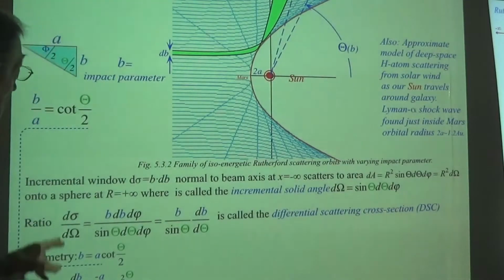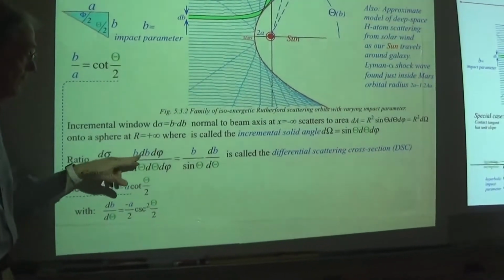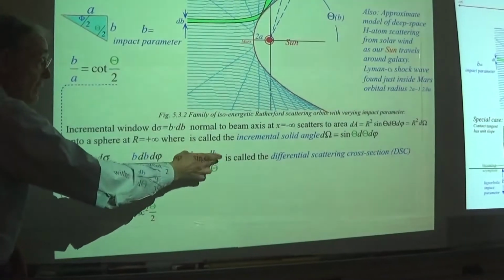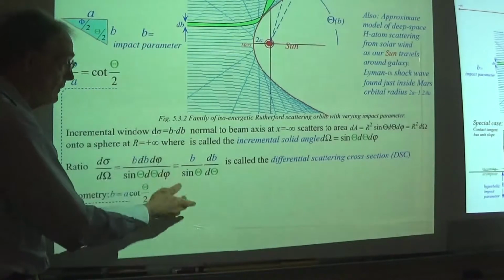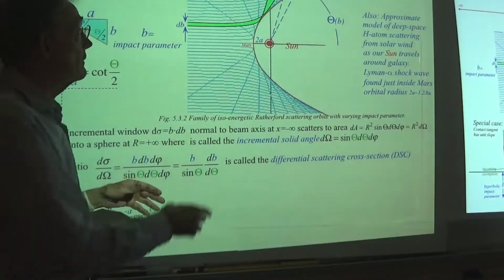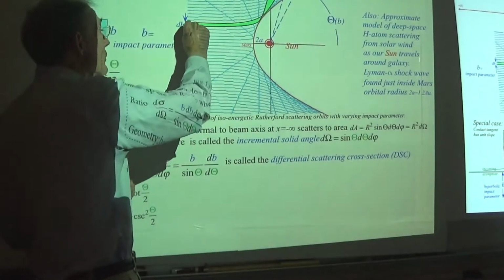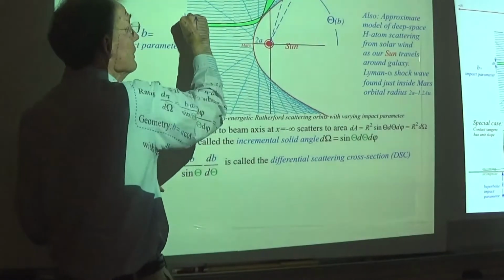But in any case, that triangle, the scattering triangle here, lets me take a derivative of the impact parameter, the B parameter of all of the hyperbolas, and differentiate that with respect to that polar angle. In other words, how much of a change do I get in that compared to what I've done here?